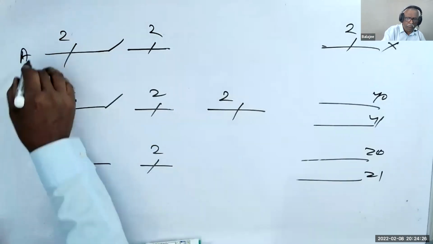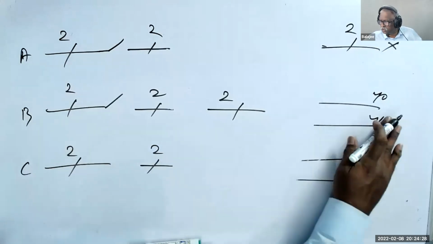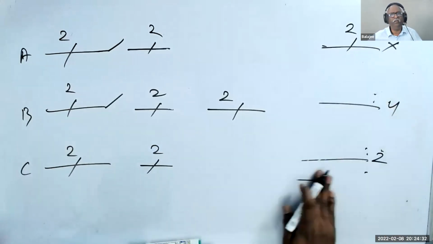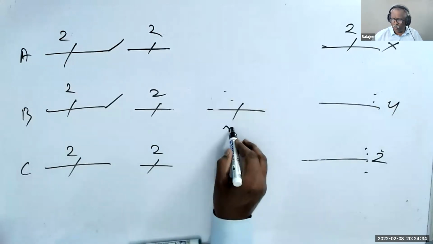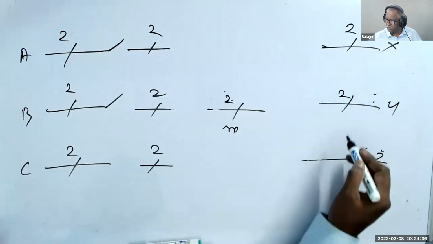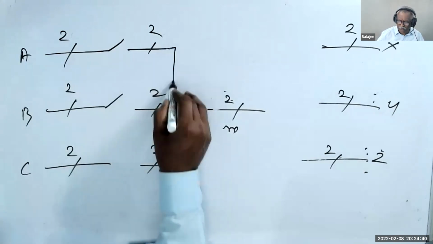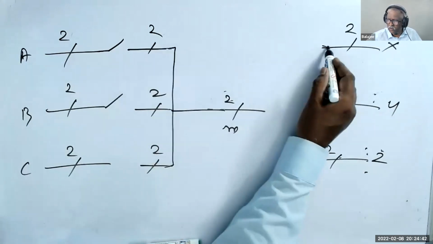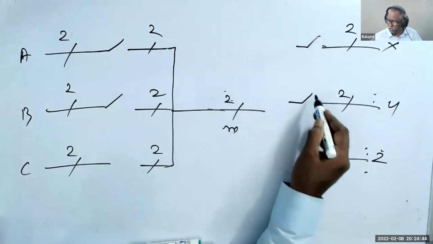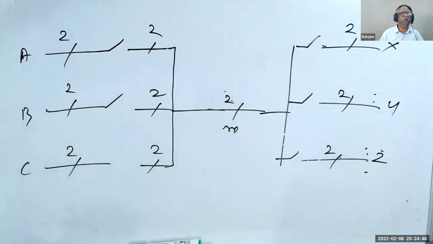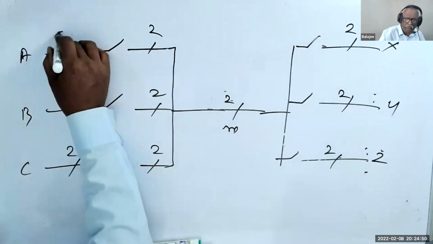A, B, C, X, Y, and Z. This is M, 2 wires. Now we connect them, all of them, like this. I can also connect 8 wires. Doesn't matter.